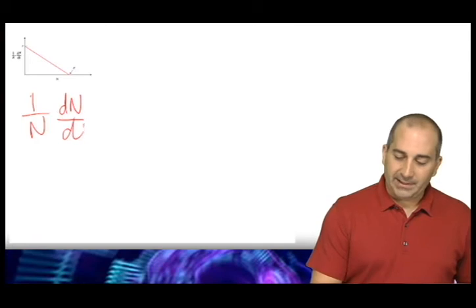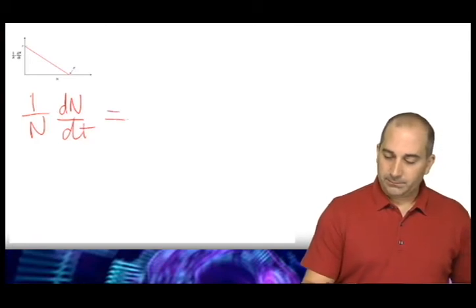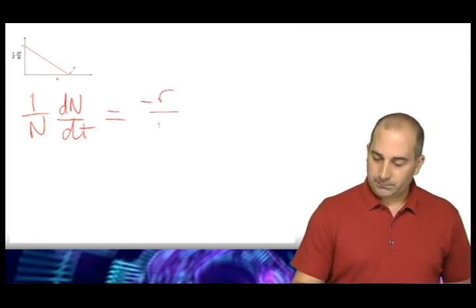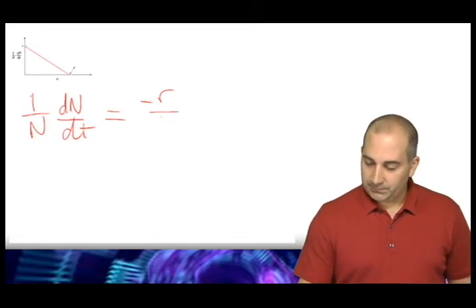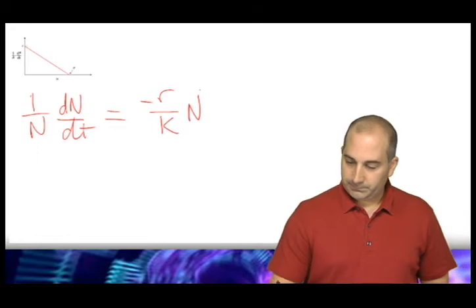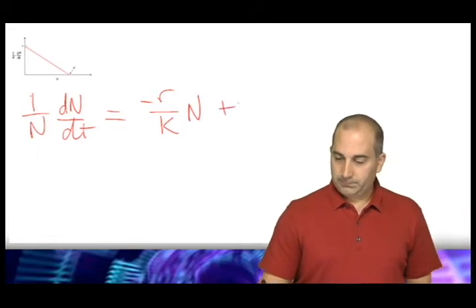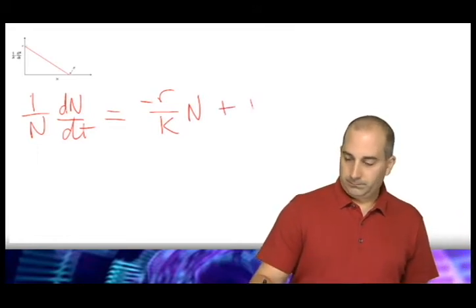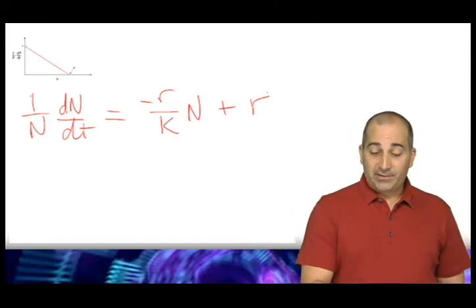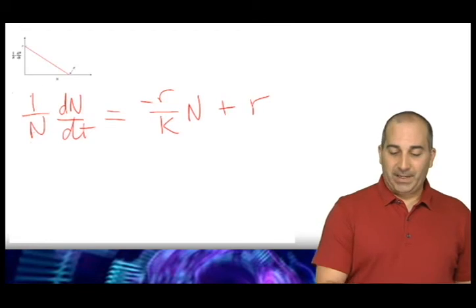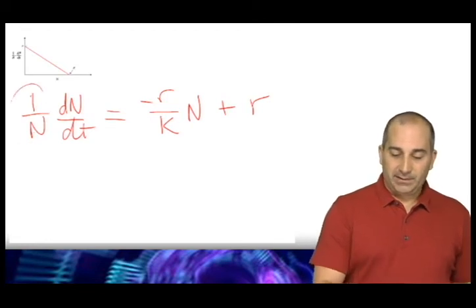I'm just going to rewrite it here. Oops, mistake. Those happen. Okay, now to simplify it, the first thing we might do is basically bring this over to the other side.